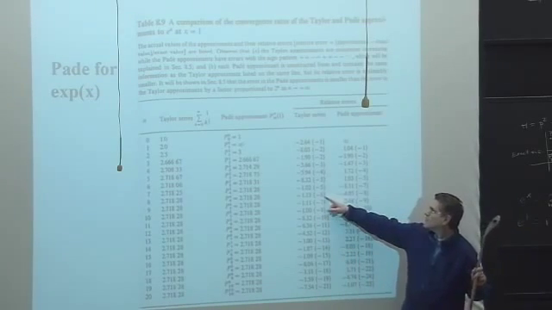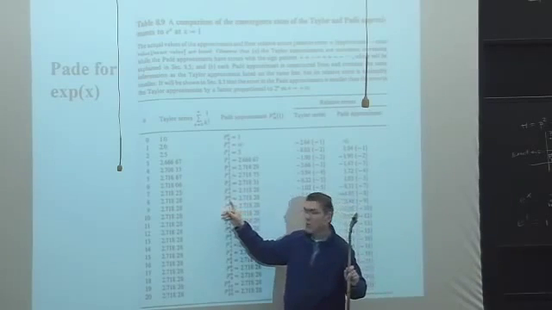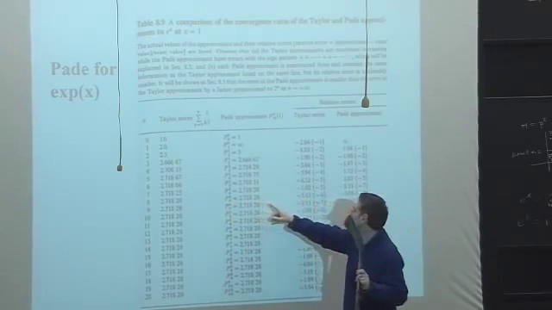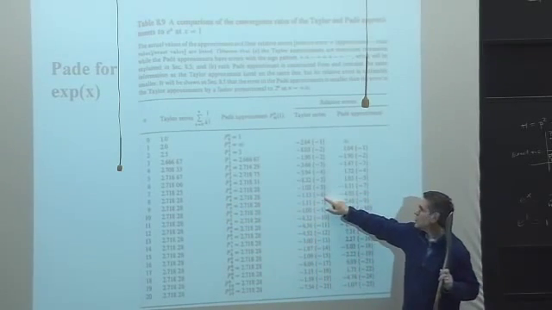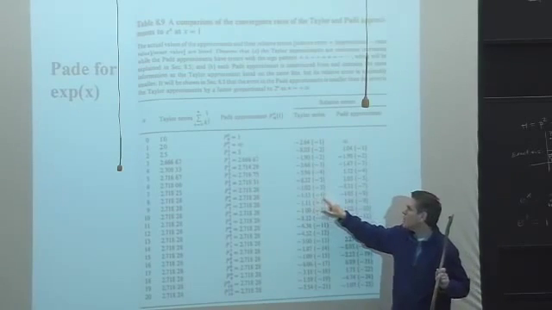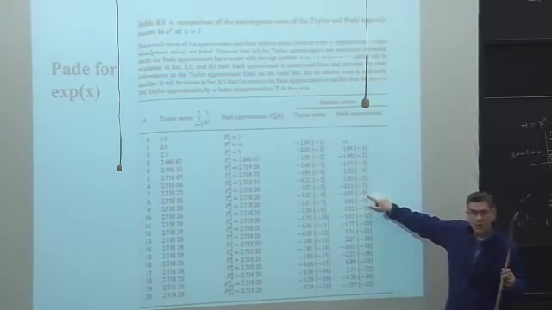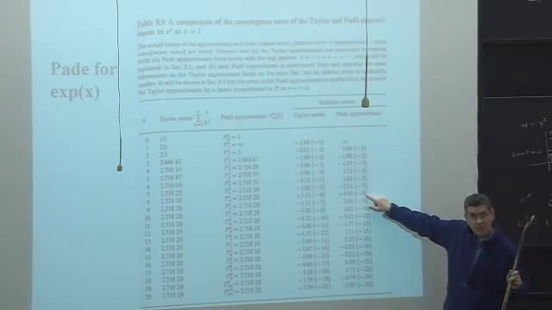Notice that if you use the 4-4 Padé, that is 8 terms, the Taylor series out to x to the 8, the Taylor series is accurate to 1 part in 10 to the 6. But the Padé is accurate to 4 parts in 10 to the 8. Padé is better. So you don't add up the Taylor series. You first convert it to a Padé.